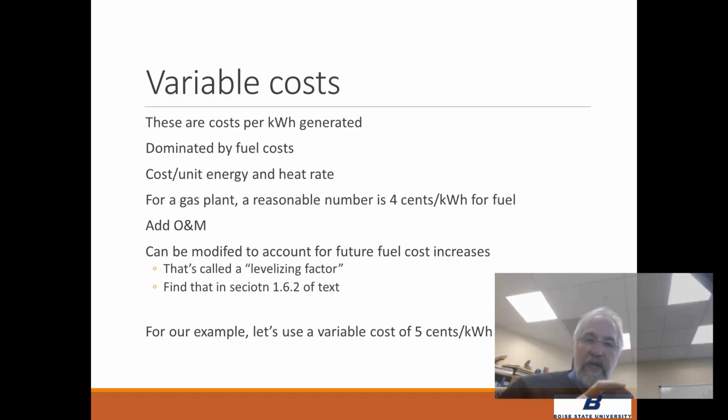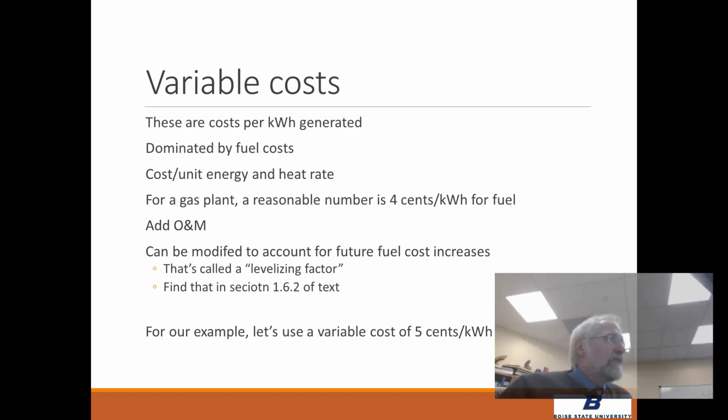And then we have to combine that with the heat rate, the BTUs per kilowatt hour, and you end up with a number that for natural gas might be 4 cents per kilowatt hour for fuel. Then there's operation and maintenance, usually fractions of pennies there. And then the book describes something called the levelizing factor, which allows for the possibility that fuel prices will increase over the life of the operation. Usually a good bet. 20 years from now, natural gas is likely to cost more.